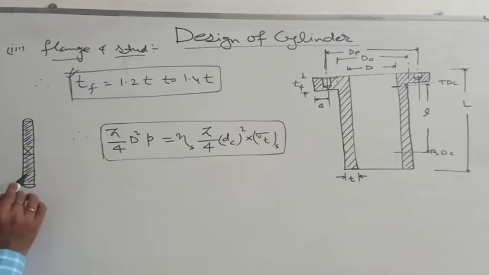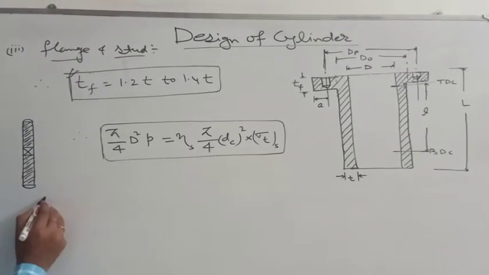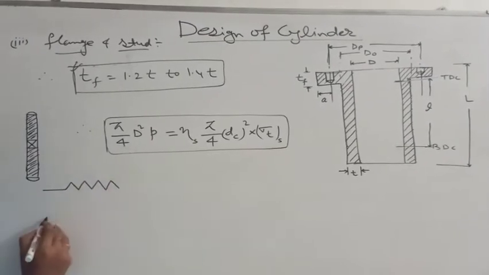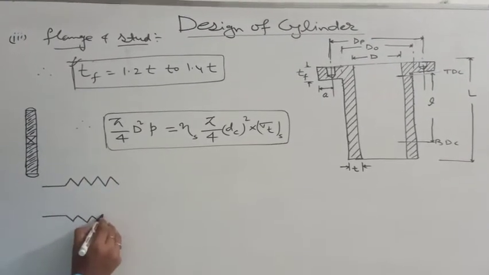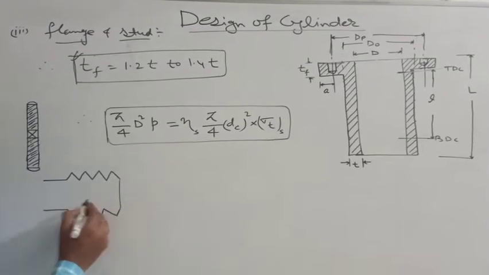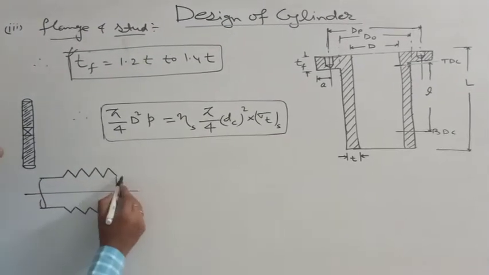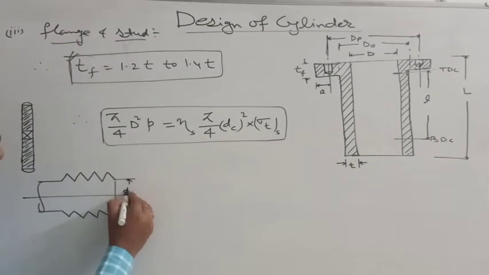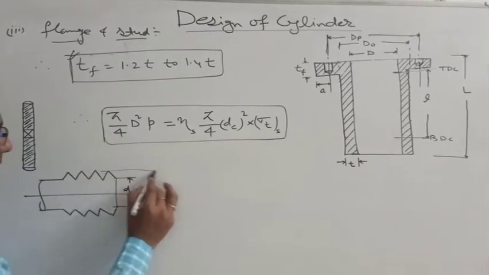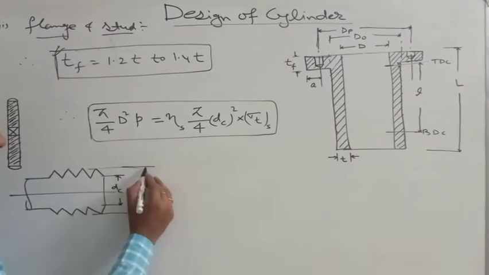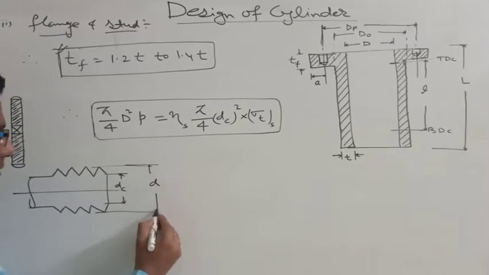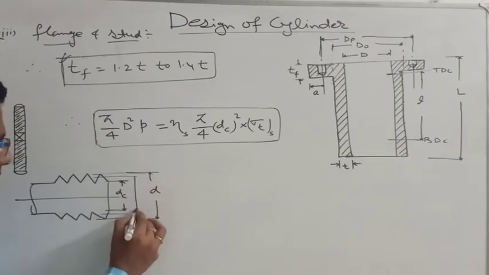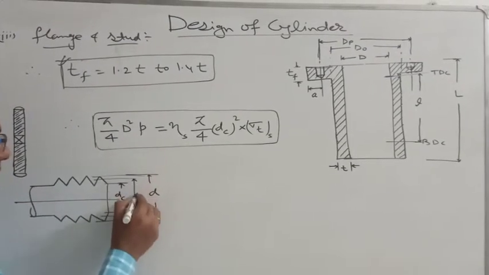Now if we consider the thread portion of this stud, then according to the nomenclature of the threads, this diameter is the root or core diameter, and this outer or maximum diameter is the nominal or basic diameter, and in between these is known as the pitch diameter of the threads.